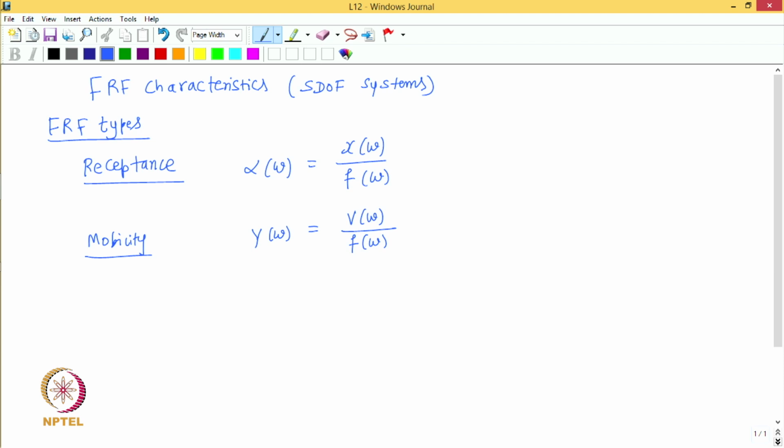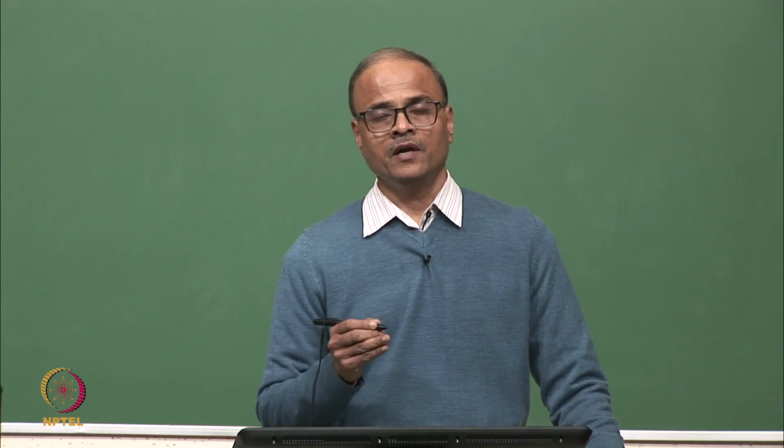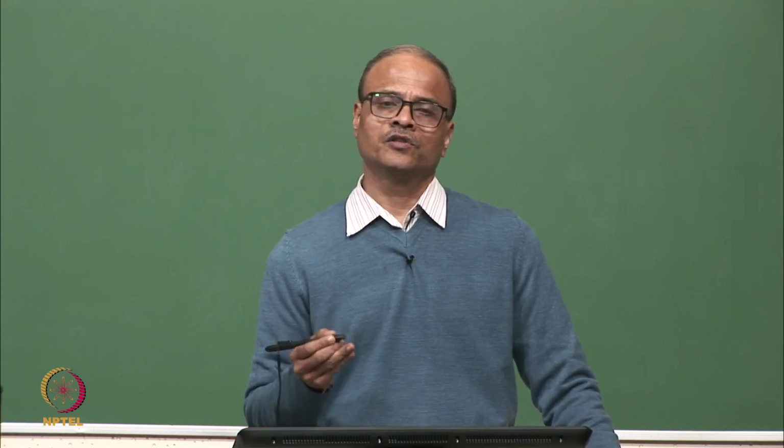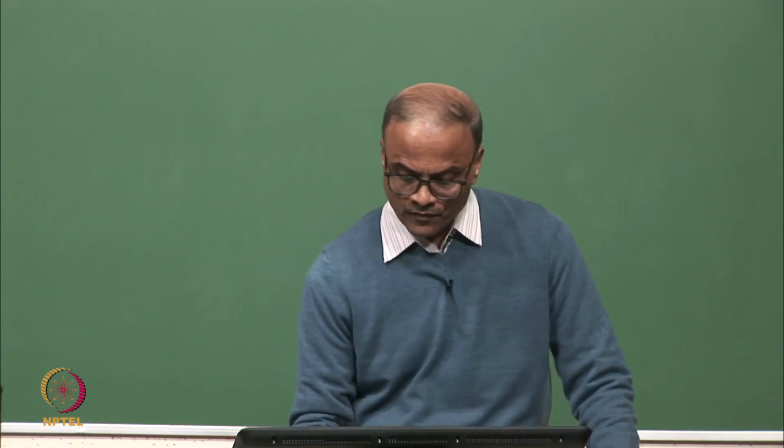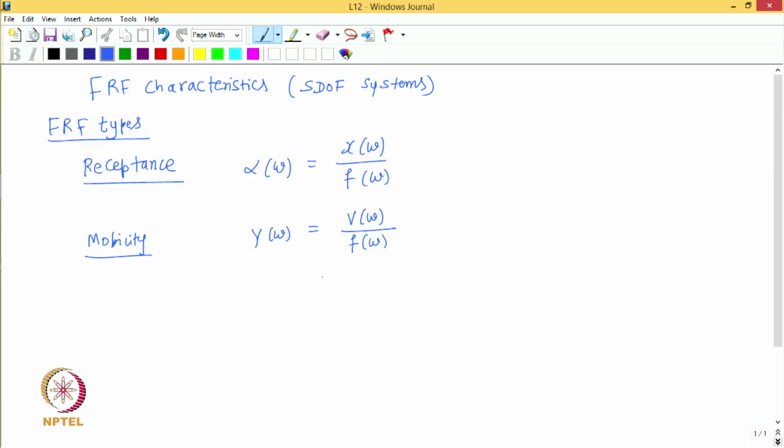And because these quantities are defined in the frequency domain, they are at a certain frequency. So, each frequency basically refers to a harmonic force acting on the system, and the corresponding response is also harmonic. Therefore, V of omega can also be written as i omega times the displacement of the response at that frequency, that is i omega into X of omega.